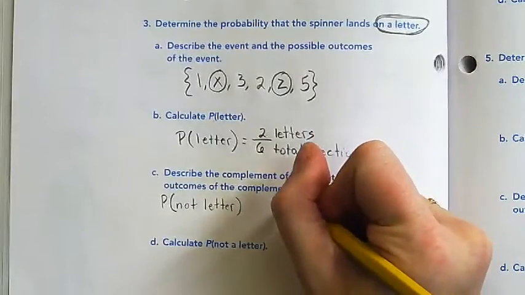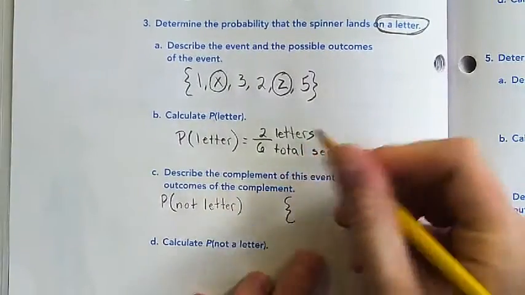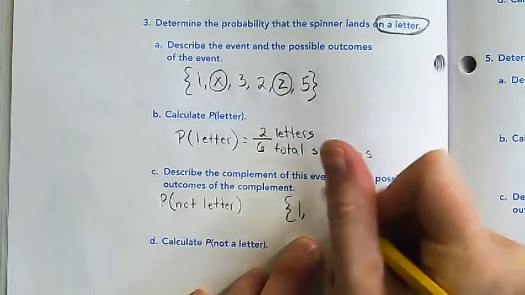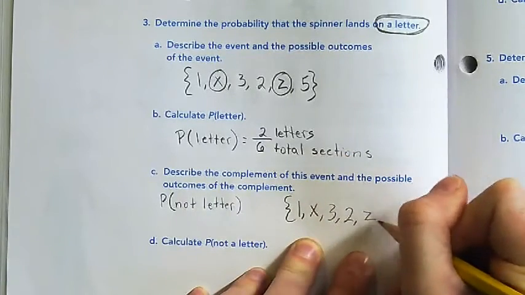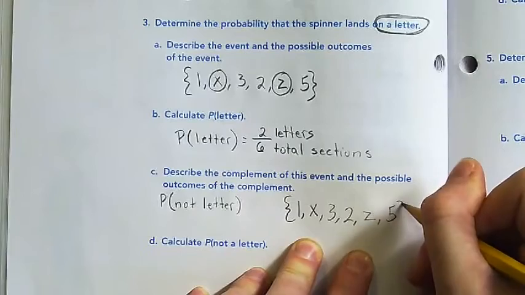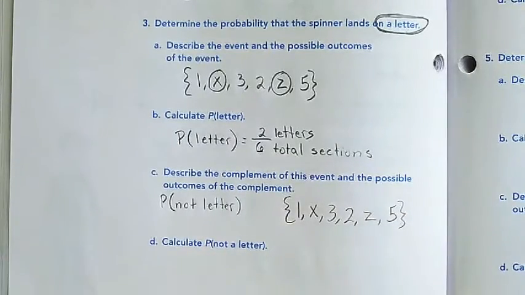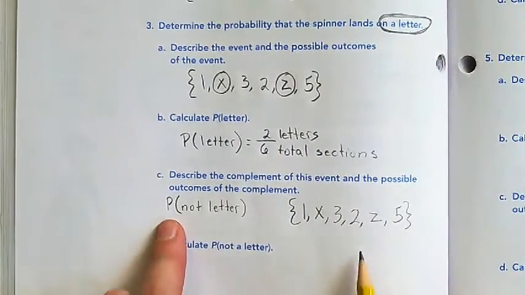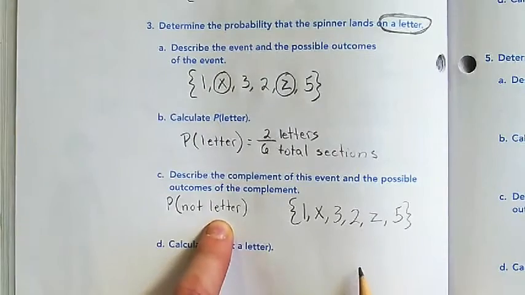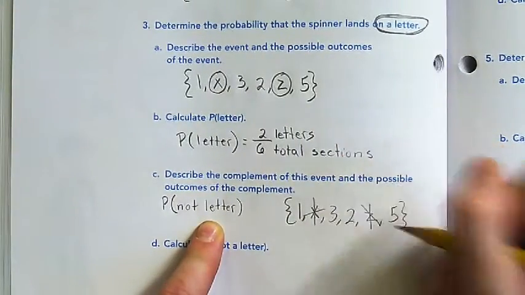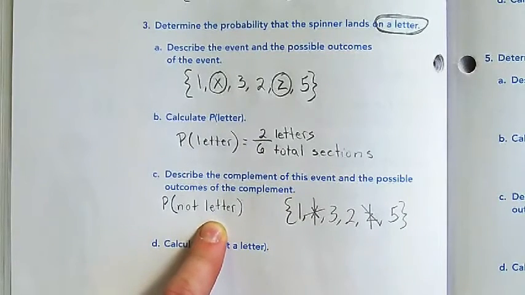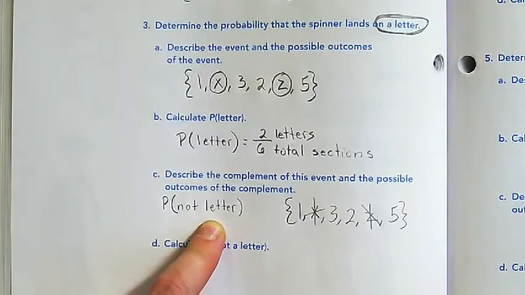Now let's do the sample space. So we can cross out the letters because we do not want them, and circle what's left over. Because it says not letter, that means I do not want a letter. I'm going to cross out the letters. That way I can easily see what's left over so that we don't run into that debate problem from yesterday.